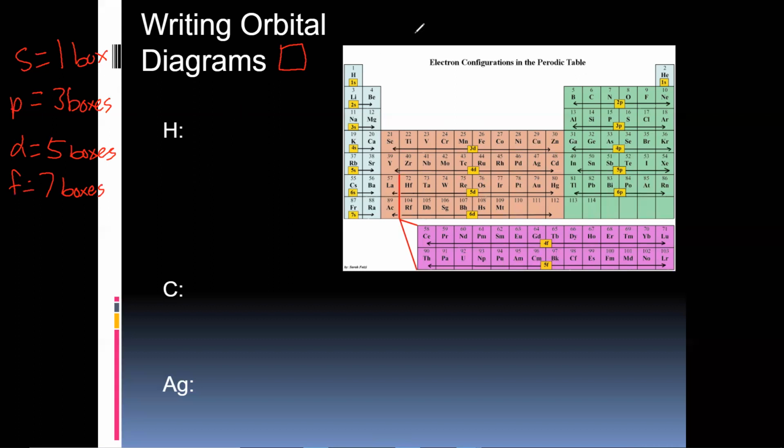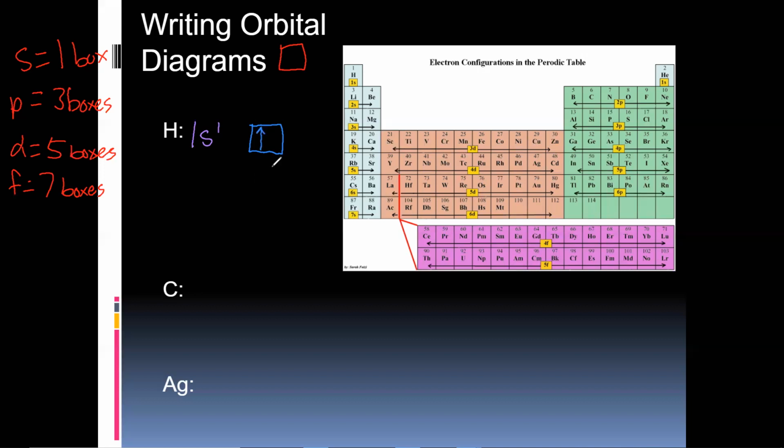So to just reiterate, hydrogen's electron configuration is 1s1. Okay? So s needs 1 box. We already said that. So to do that orbital diagram, you would draw 1 box. There is 1 electron in that box, so you put 1 arrow.